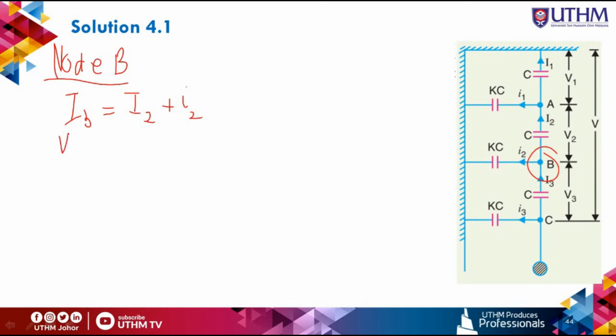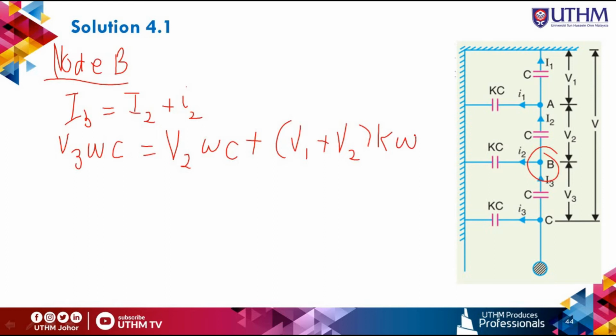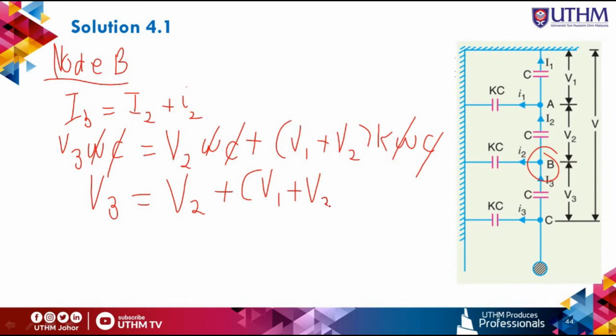So V3 omega C equals V2 omega C plus (V1 plus V2) K omega C. We just cancel out omega C. Then we get V3 equals V2 plus (V1 plus V2) K.